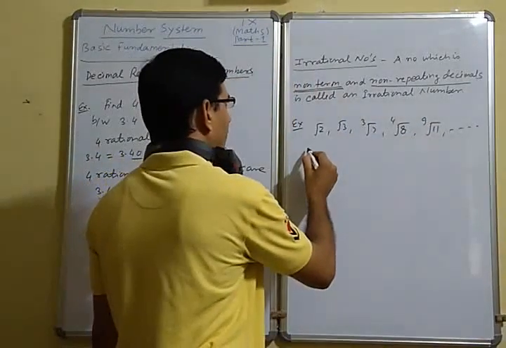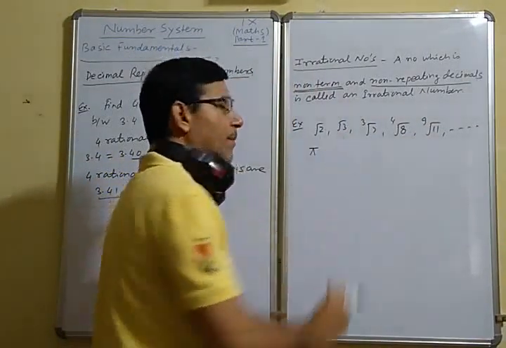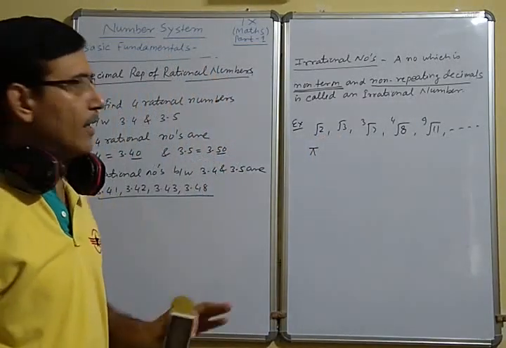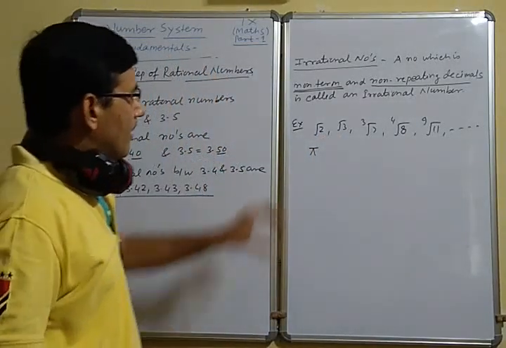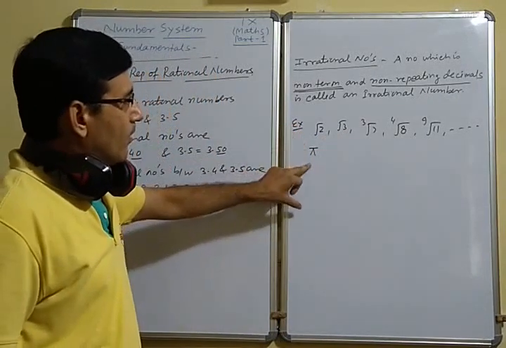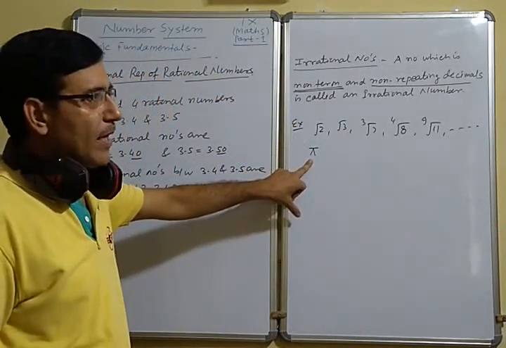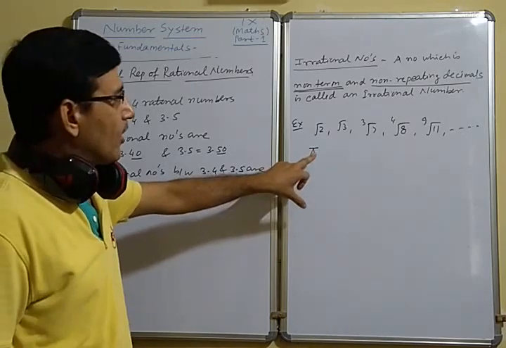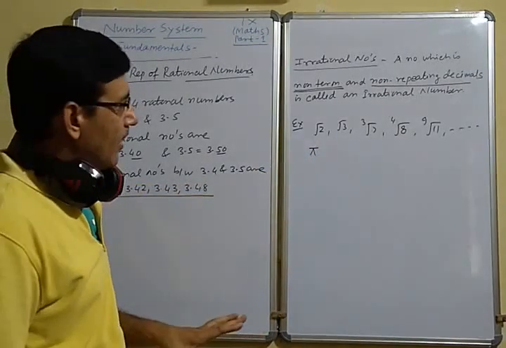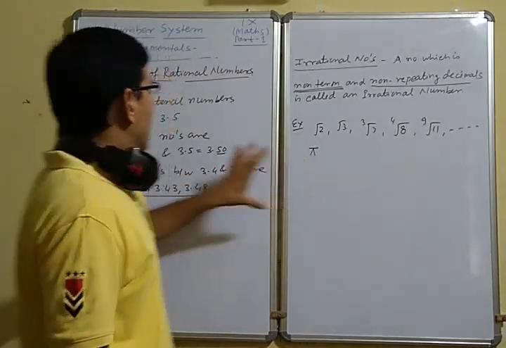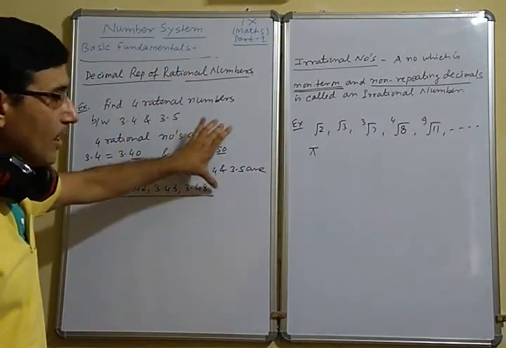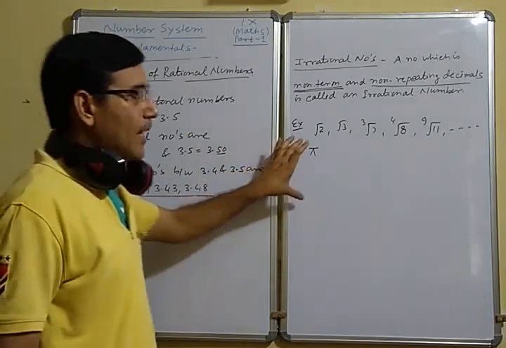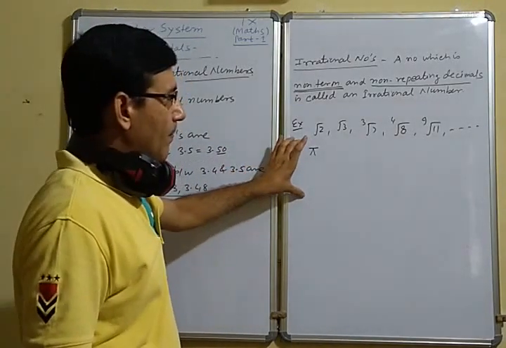Now, the next example, again, pi. Pi is an irrational number. While we read the value of pi as 22/7, this is not exactly the same. 22/7 is a rational number, but pi is an irrational number.